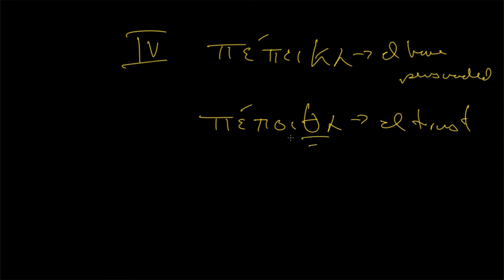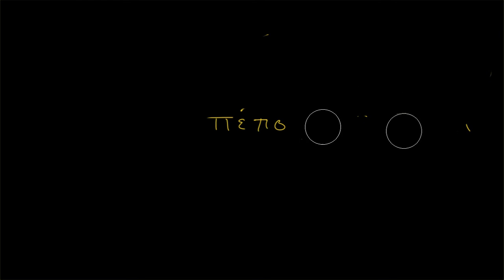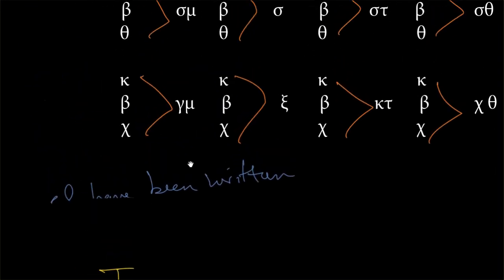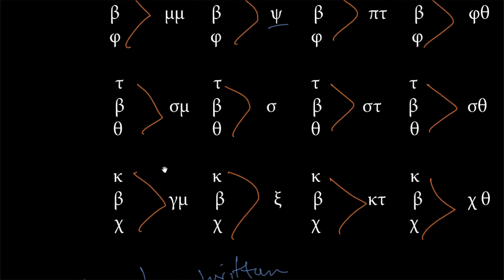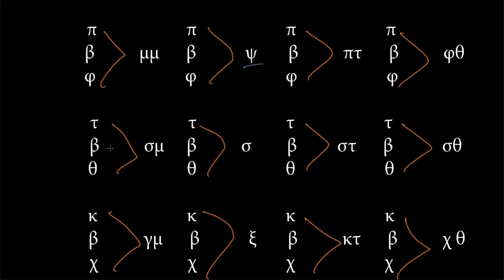So now here we have a theta ending rather than a phi ending. So what was a theta? Well, that was an aspirated dental, right? Because we had tau, and then the voiced delta, and then theta. So let's go back up, see our chart, and we're dealing with this. When we add a mu, we get a sigma mu.